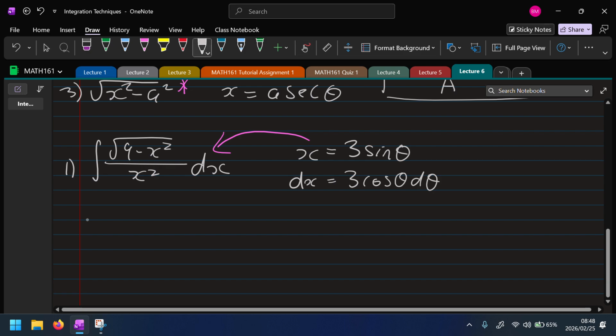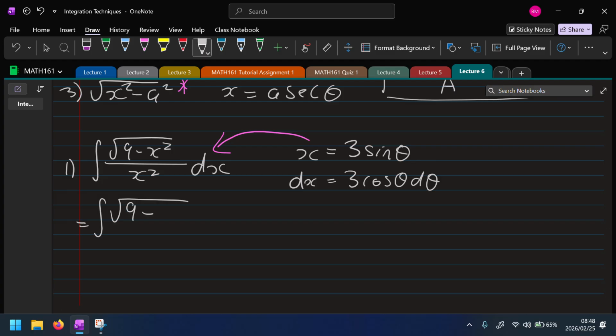Okay, so let's do that. In the top, root 9 minus x squared will become root of 9 minus 9 sine squared theta. In the bottom, we have x squared, that's going to be 9 sine squared theta.